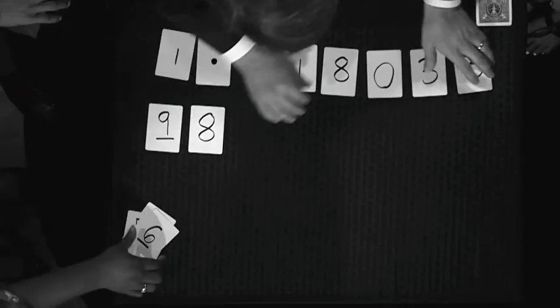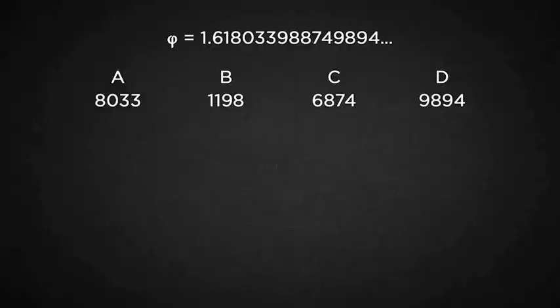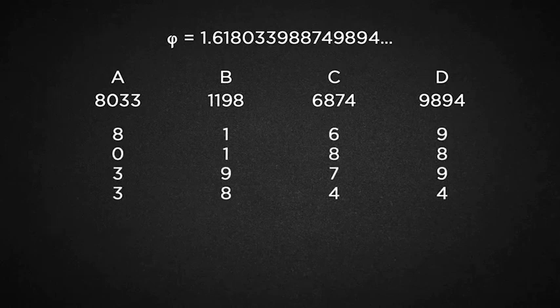The middle digits, 8033, go to A, and the remaining digits, 1198, will go to B. Notice that when we create the four-digit numbers, A always provides the first digit. B provides the second digit, and so on.